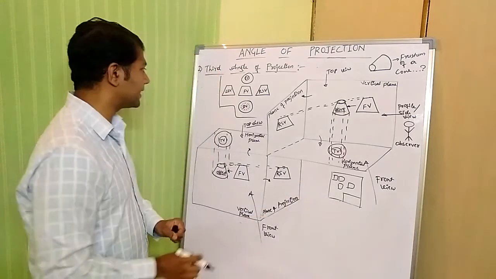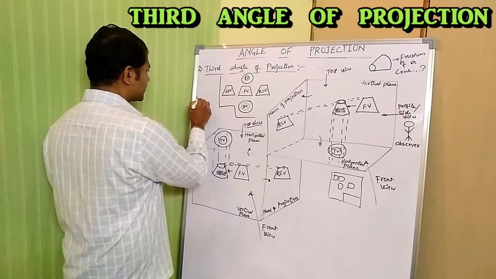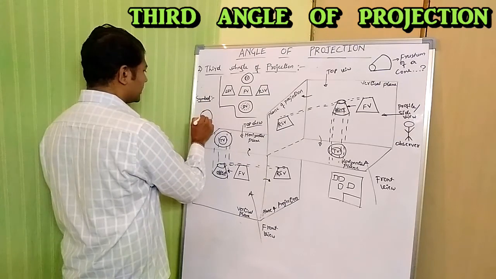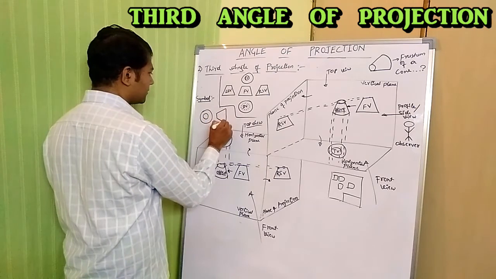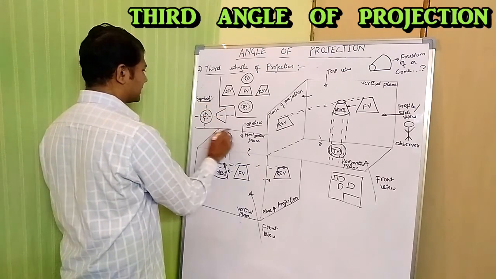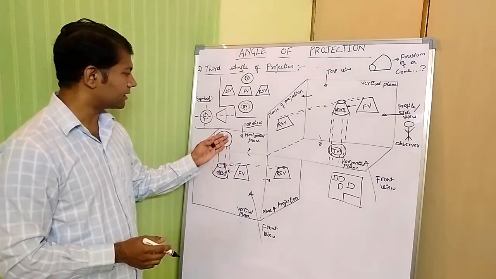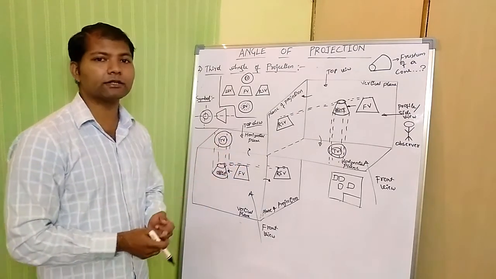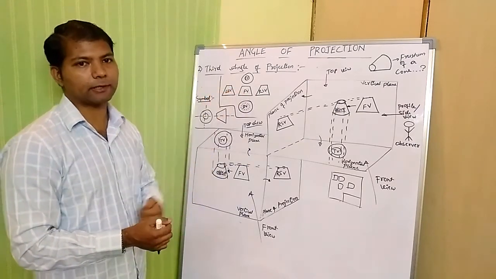How can we take the symbolic representation? So this is the symbol for the third angle of projection, with one view with respect to the other. So we have taken the horizontal, vertical and profile planes of projection. Again they are perpendicular to each other. When you unfold the planes, we can position the views properly.